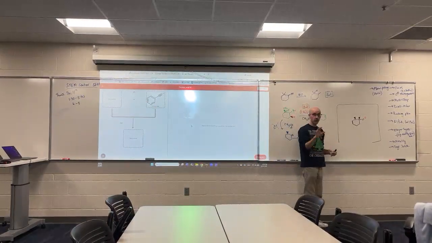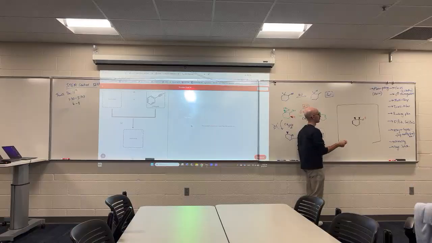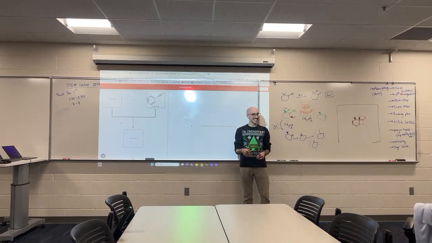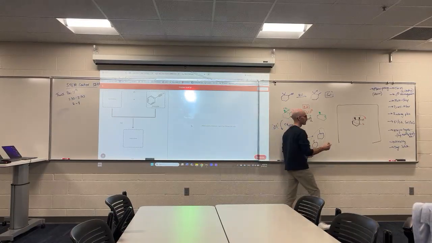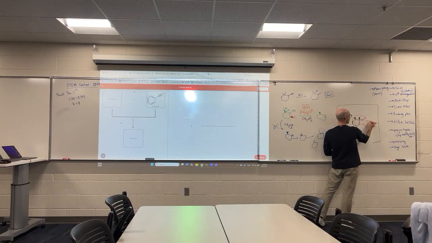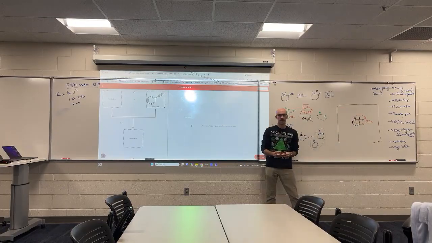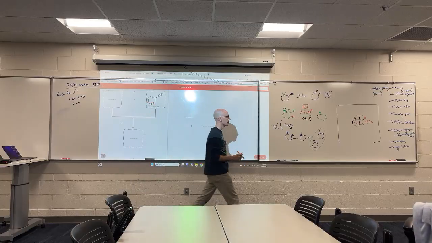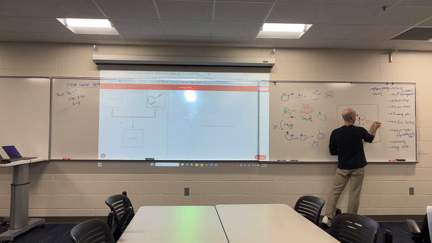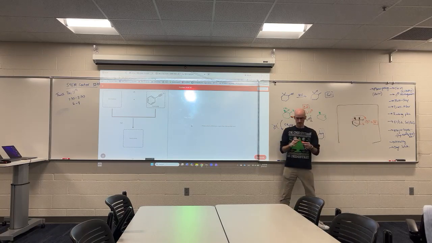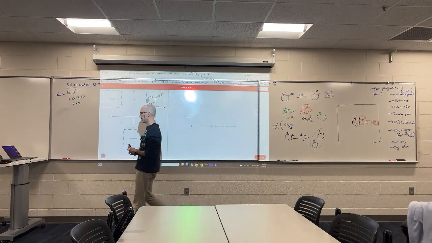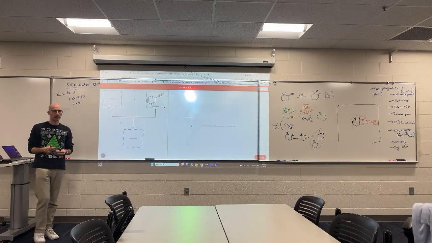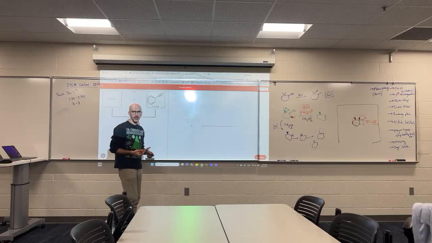So, ignoring position 4, I have rotation 1 to 2 to 3, looks anti-clockwise, which is S, and I like to put that in quotation marks and then cross it out. The actual configuration is R. You feel good on that, Mel? Can someone walk us through determining the absolute configuration of the other carbon?